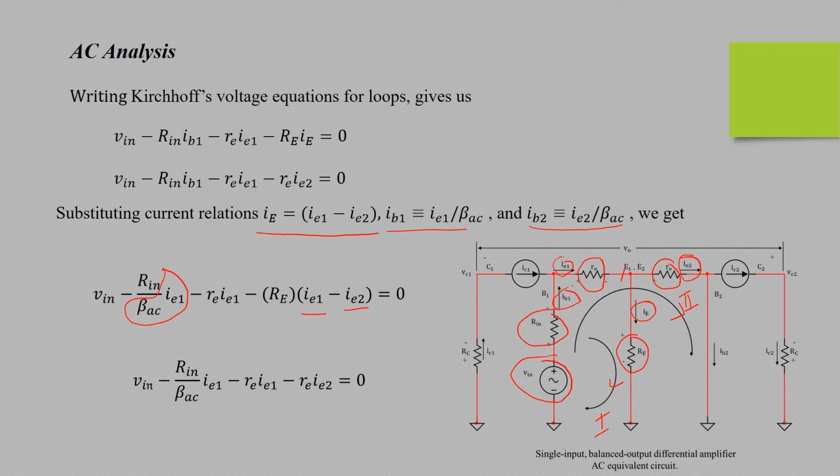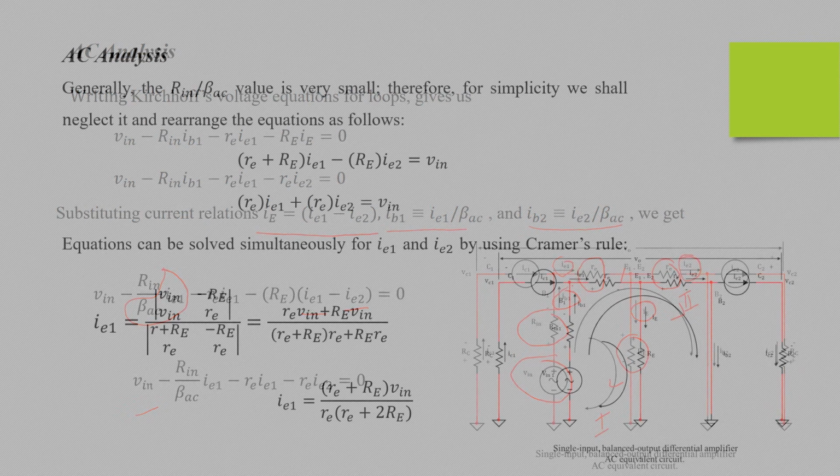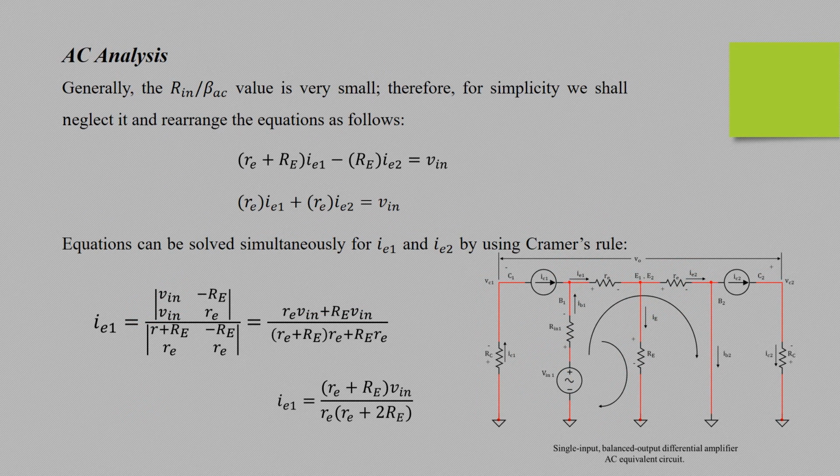For the second equation, Vin minus Rin by beta AC into IE1 minus small re into IE1 minus small re into IE2 is equal to 0. Generally Rin by beta AC values are very small, therefore we can neglect them, and by rearranging these equations we can write small re plus capital RE into IE1 minus RE into IE2 is equal to Vin. Similarly, RE into IE1 plus RE into IE2 is equal to Vin.